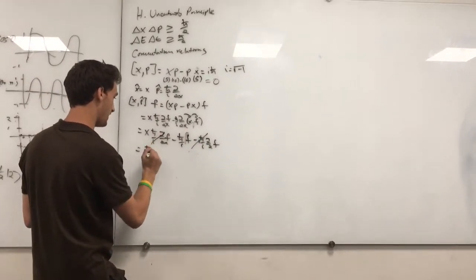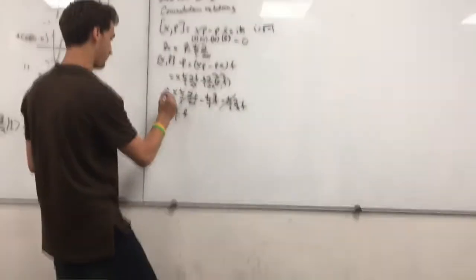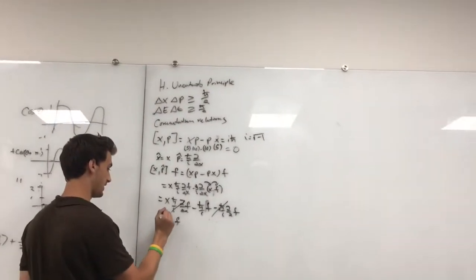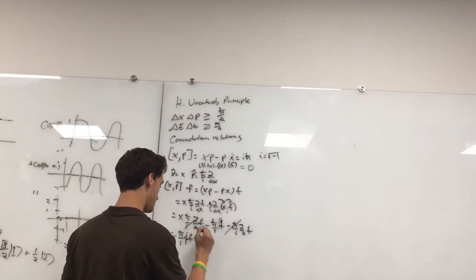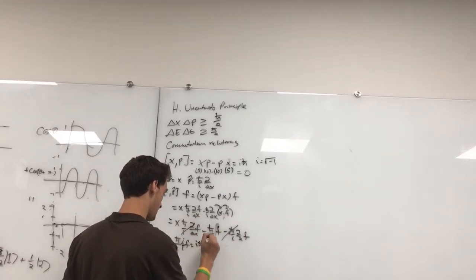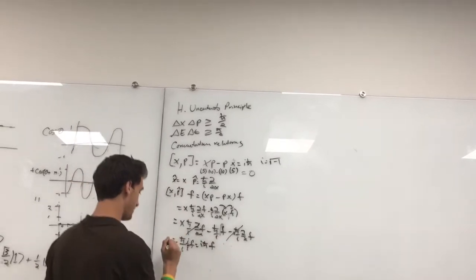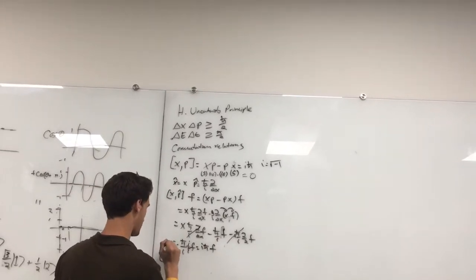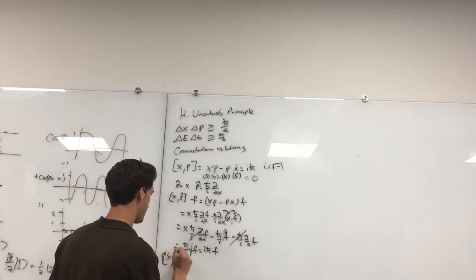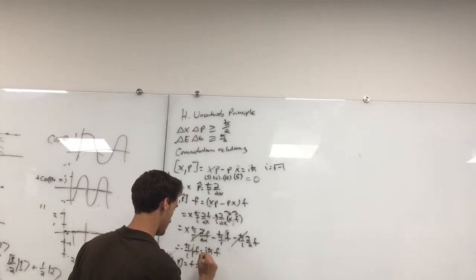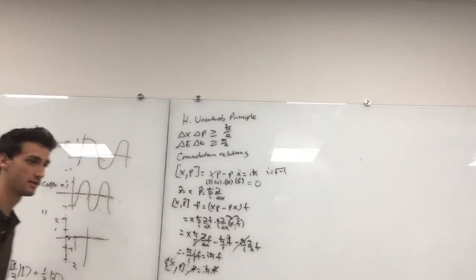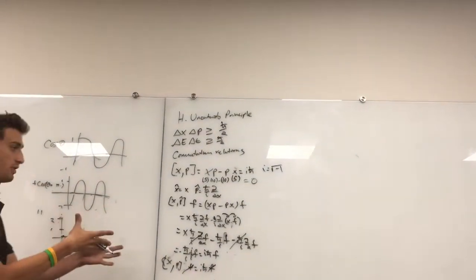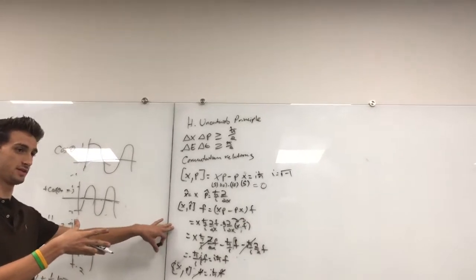You'll have negative i h bar. If we multiply top and bottom by i, we get minus 1, so i h bar f. So it's a property, so these are operators.